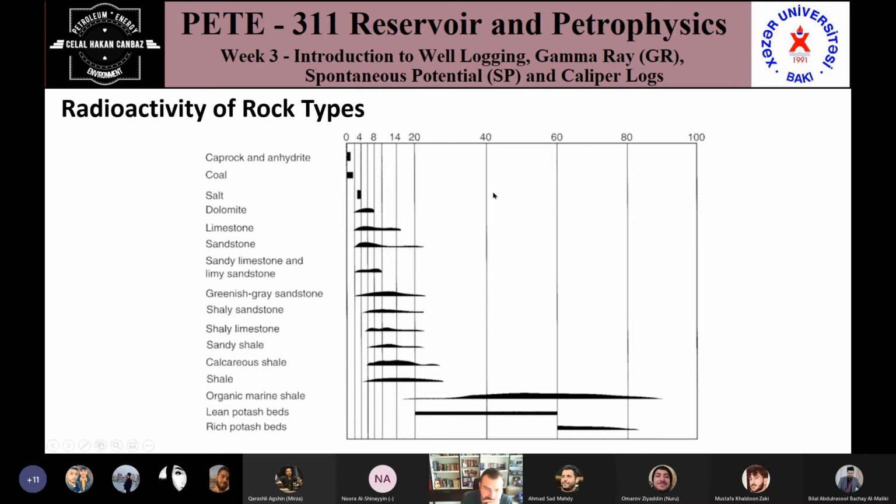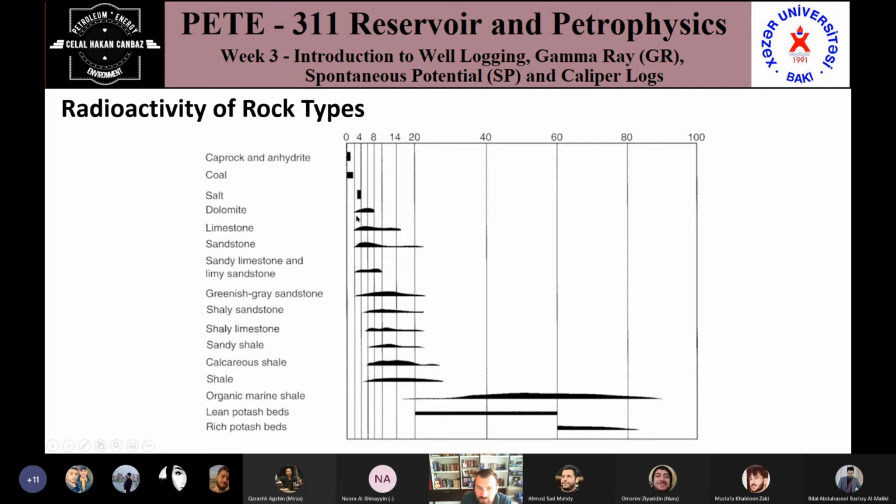So here evaporites, which I call sodium chloride, salt, and anhydrites that I already mentioned, impermeable zones actually, and coals also typically have low levels. As you can see here, typically they have low levels.